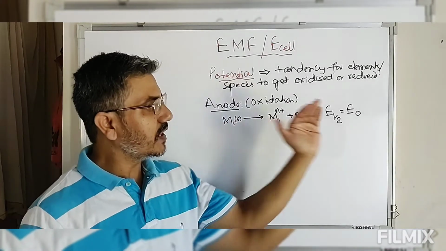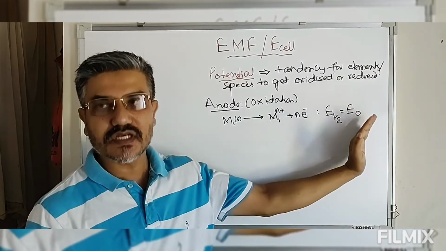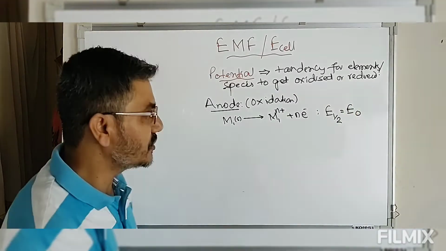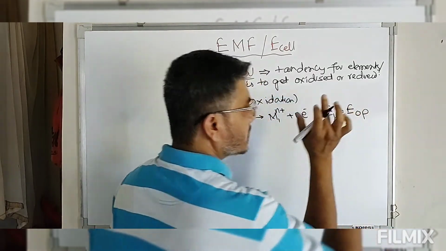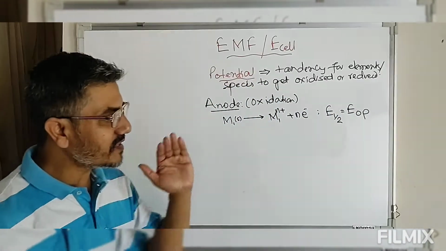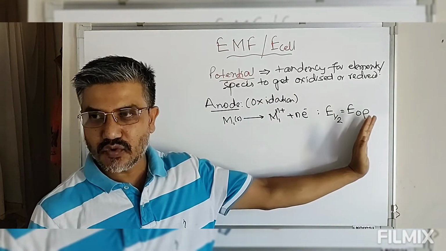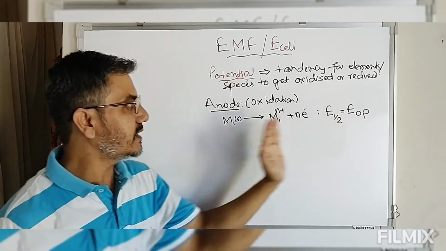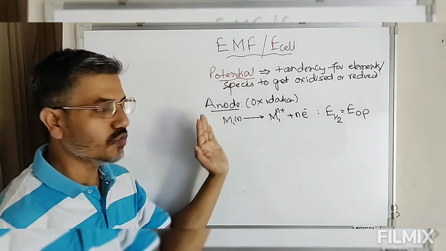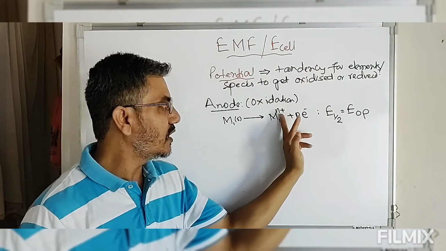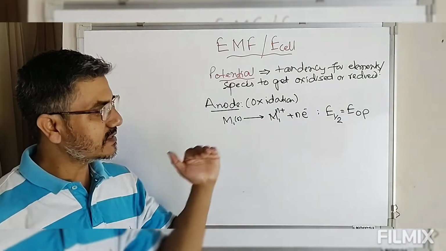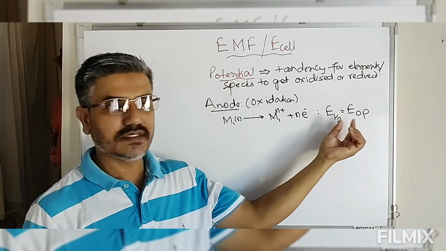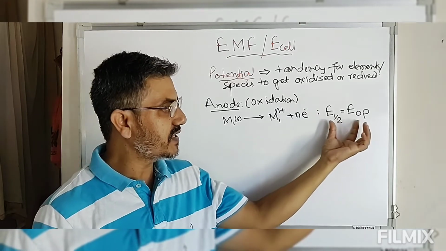So, the value of this half cell potential, or oxidation potential, OP stands for oxidation potential. The more the value of oxidation potential, the more will be the tendency for this M1 solid to get oxidized to give you M n plus. This tendency is measured by this potential, as I have just mentioned.